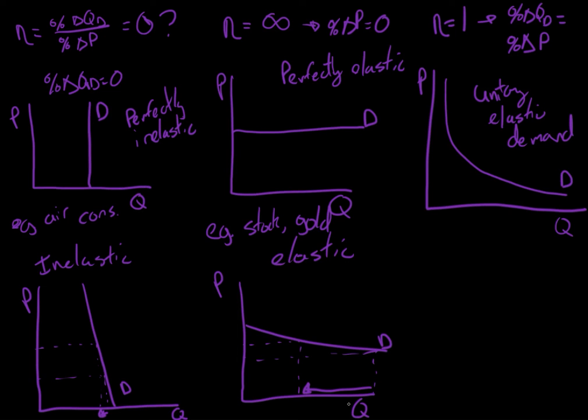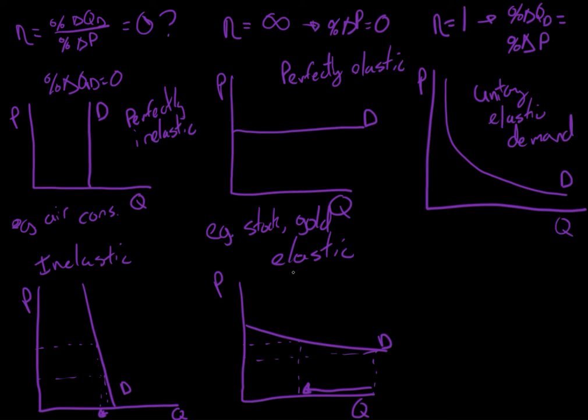So here very low response to a change in price, here very high response to a change in price. And as I mentioned with the extreme scenarios, if I obtain an elasticity that is closer to infinity, it's going to be flatter. If it's smaller and smaller in number, it's going to become steeper and steeper.